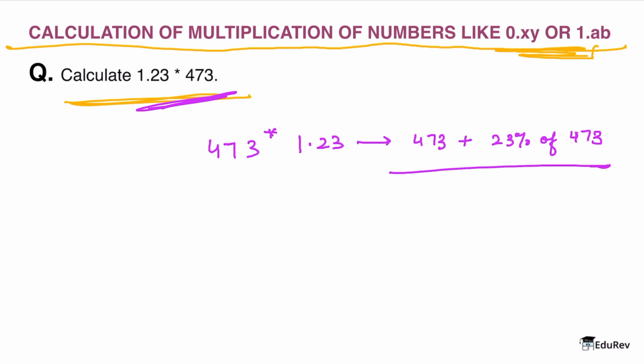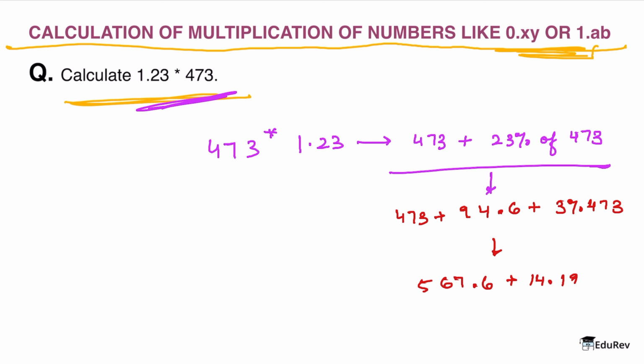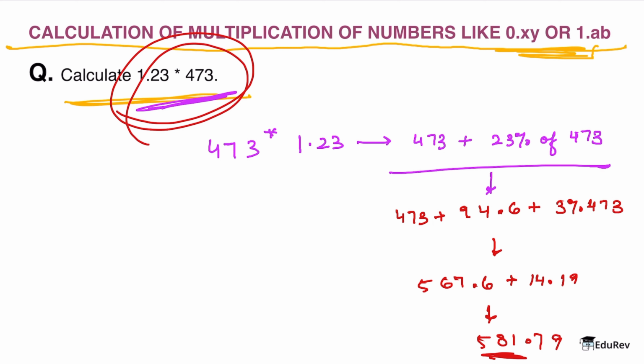So I can write this as 473 plus 23% of this, which can be taken as 94.6 plus 3% of 473, and similarly I can write it as 567.6 plus 14.19, which is nothing but 581.79. So what I'm basically doing here is converting this into the percentages format.